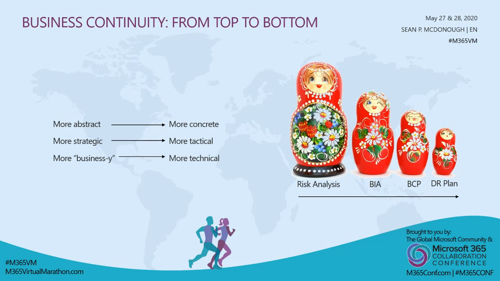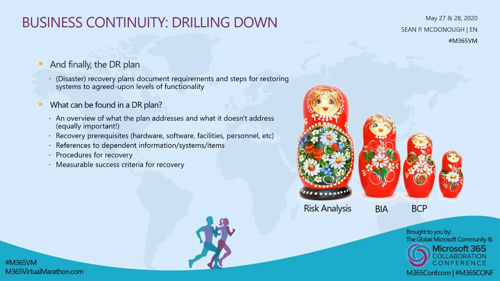So these things go into building a DR plan. We need to do these things. We need to quantify risks and build business continuity plans and whatnot before we ever get to building that disaster recovery plan. I'll talk more about this in a bit. So finally, business continuity, we're drilling down and we're at DR plan.